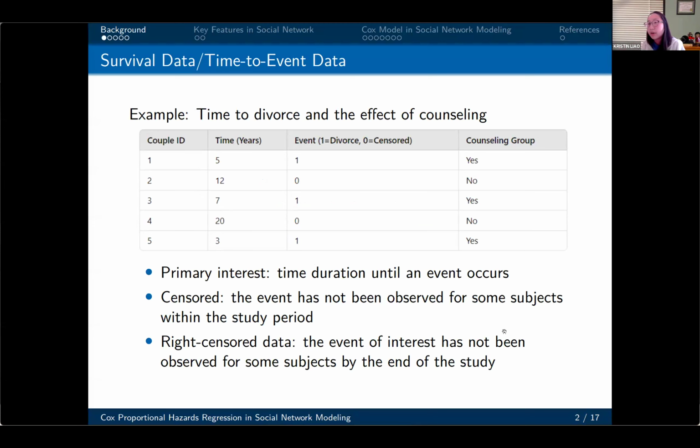We can see the years of marriage for each couple, whether divorce is observed, and whether they are in the couple counseling group. Our primary interest here is the time duration until divorce happens, and when event equals 0, that means divorce has not occurred. We call this observation censored. The couples who remain married to the end of the study become right-censored data because their time to divorce is an unknown duration that's longer than the duration of observation.